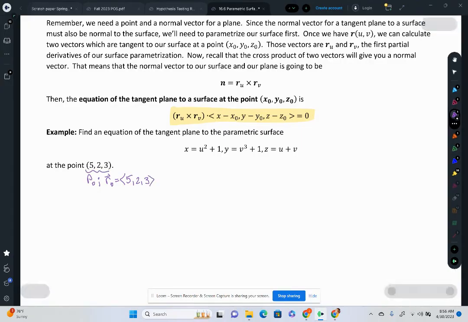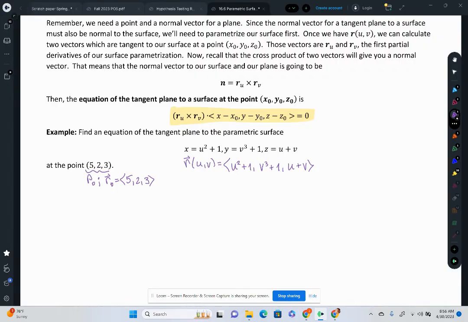Okay. Now I want to find, if I go ahead and put this together, this may help some of you watching this. r of uv has components u squared plus 1, v cubed plus 1, and u plus v. So I'm just putting it in the vector form.